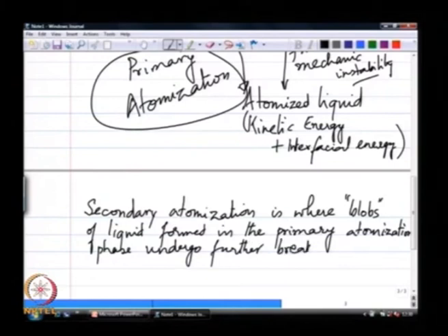So, somehow these blobs of liquid are themselves not stable and therefore, are likely to break up. This process is what we call secondary atomization.